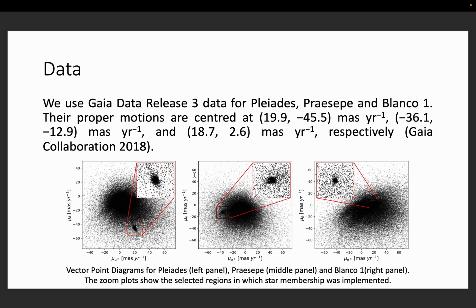So we can see in the vector point diagram that the stars in these clusters tend to get away from the background. This is very helpful for the proper motions model. We will see this in a while.